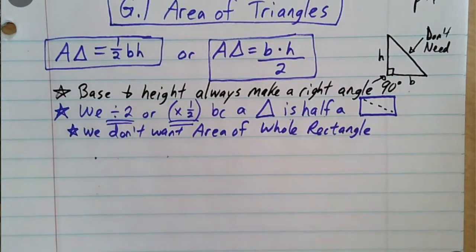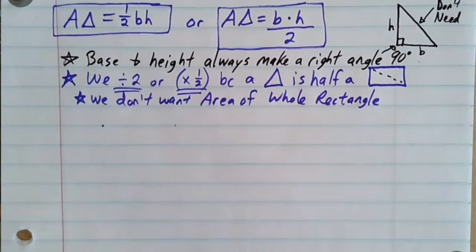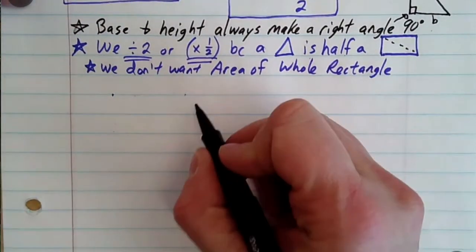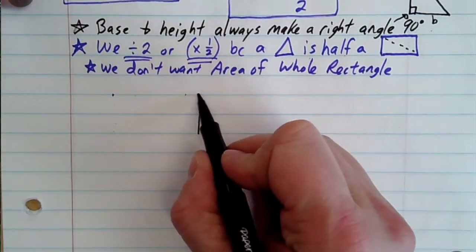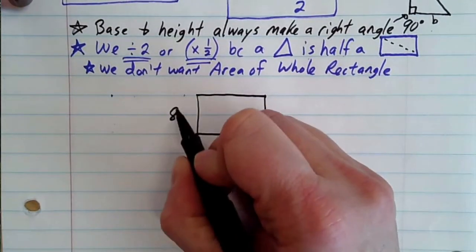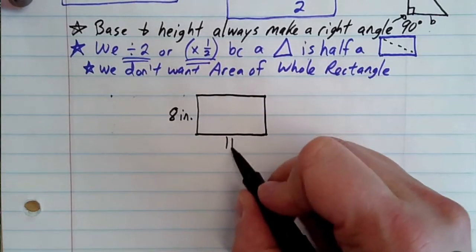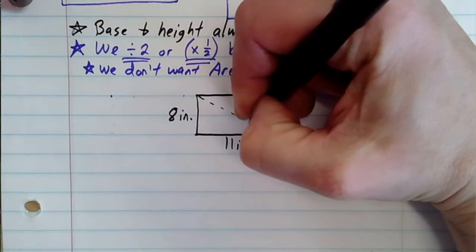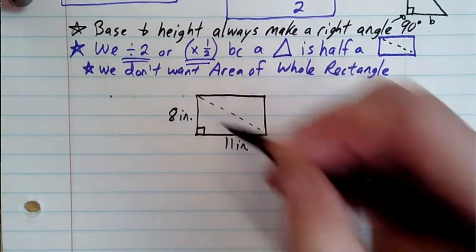So I'm going to give you some examples here of some triangles similar to the one I showed you before. I gave you a piece of paper, held it up, kind of looked like this. One side was 8 inches and the other side was 11 inches of the paper. And then there was the diagonal down the middle of the paper. You even saw the right angle here.